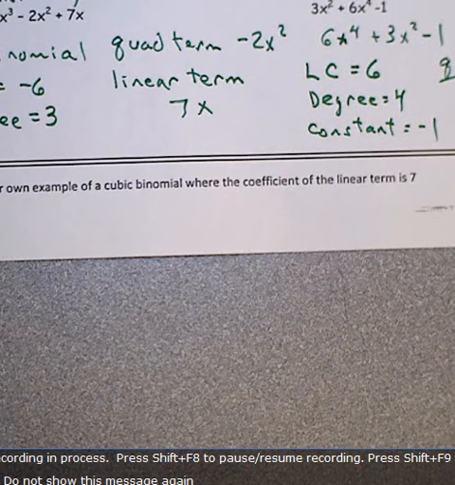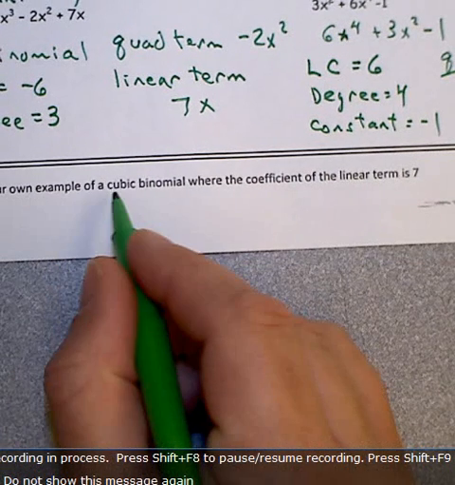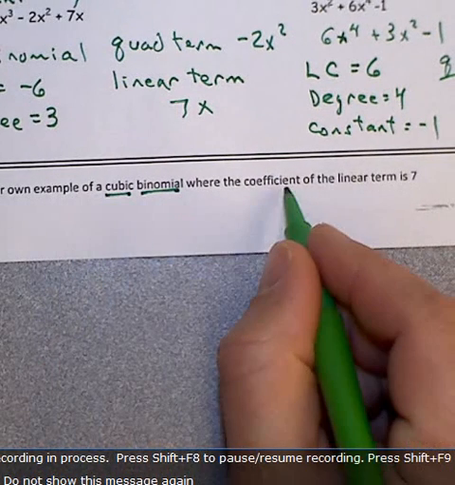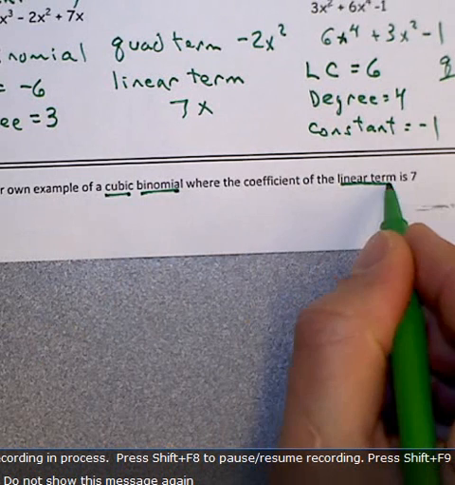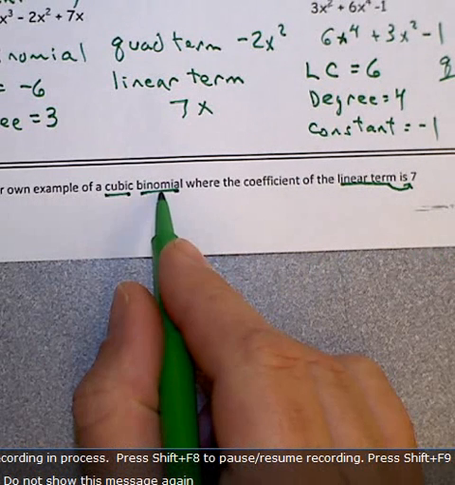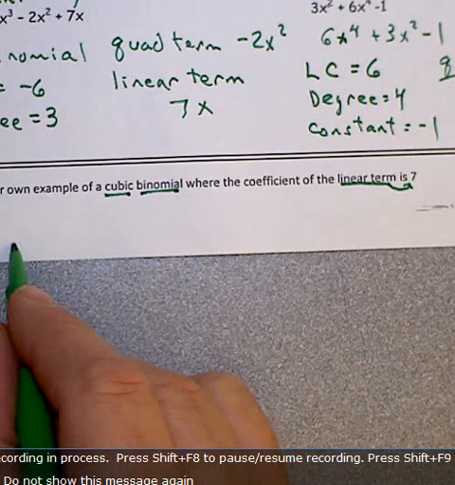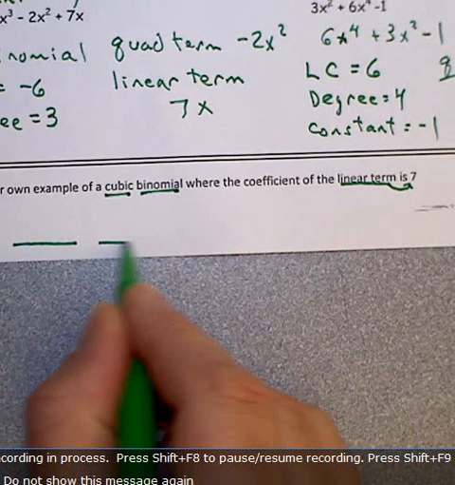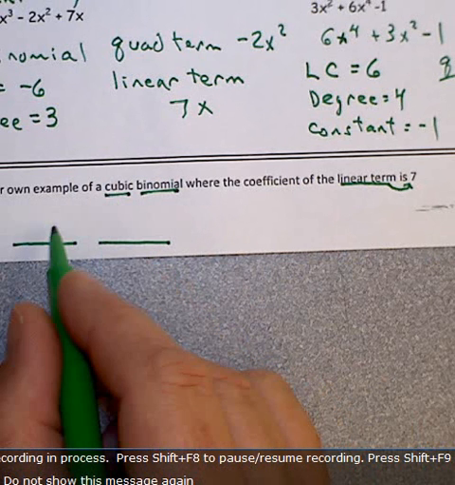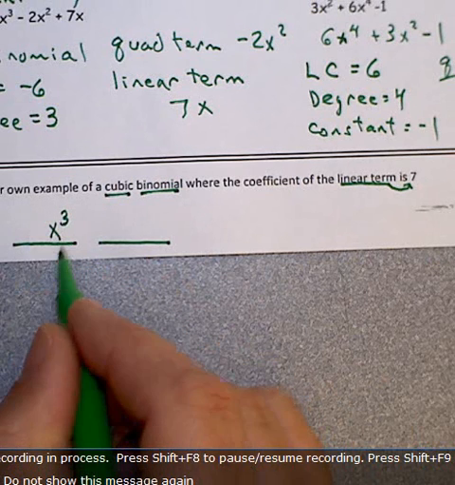Okay, so we're talking about a cubic binomial. Coefficient of the linear term is 7. Now, binomial is probably where I'll start. That means it has to have 2 terms. It has to be cubic for the highest degree, so that means this must be x to the 3rd.